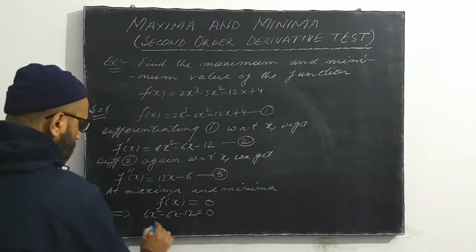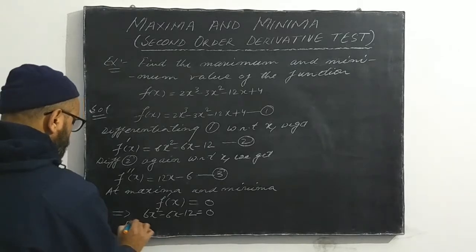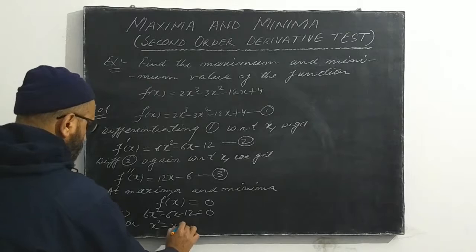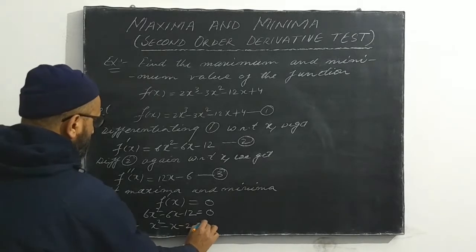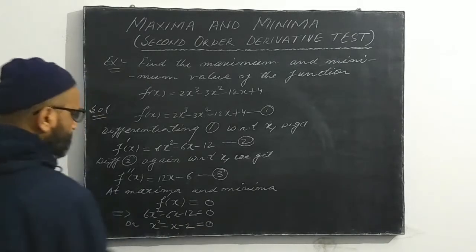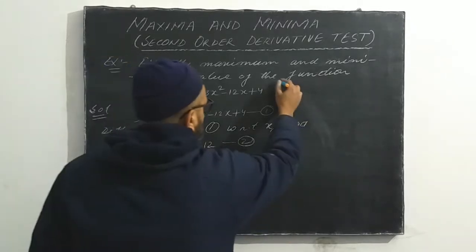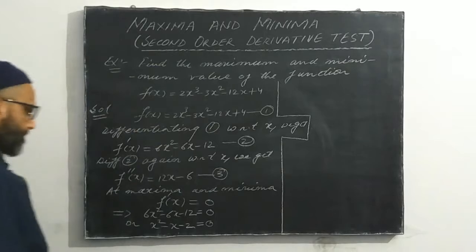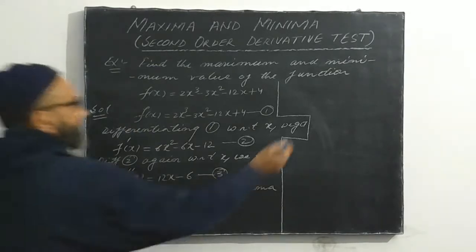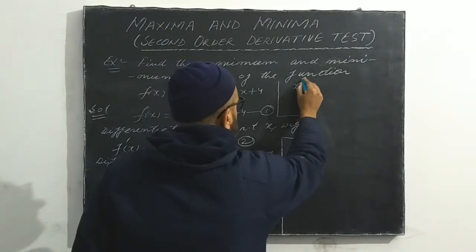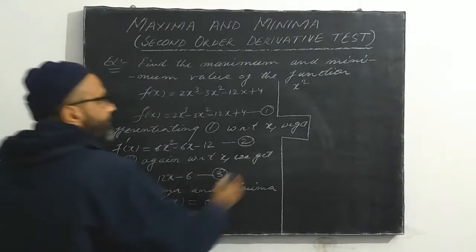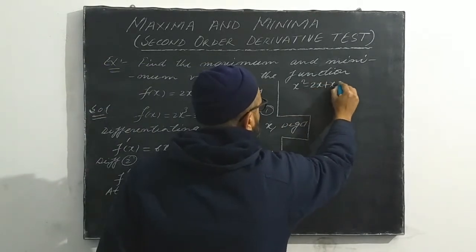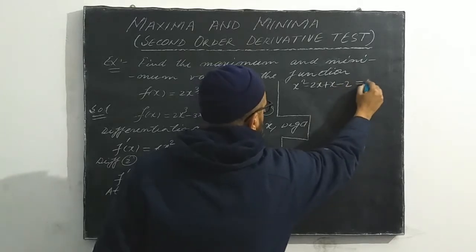Now dividing both sides by 6, we get x square minus x minus 2 is equal to 0. Now we have to factorize this. So x square and minus x may be written as x square minus 2x plus x minus 2, equal to 0.